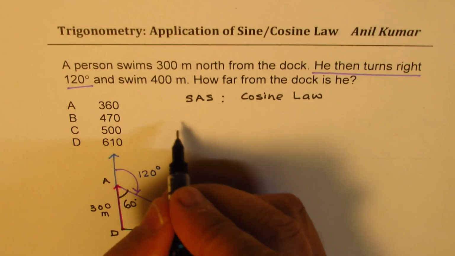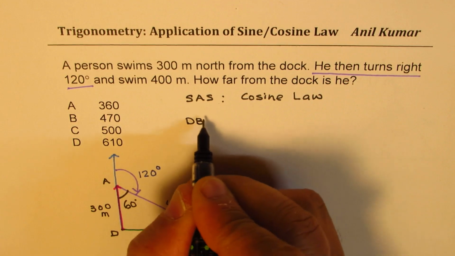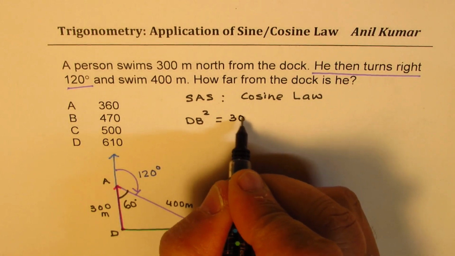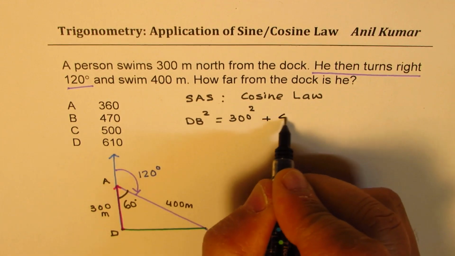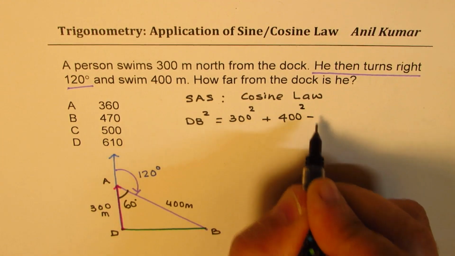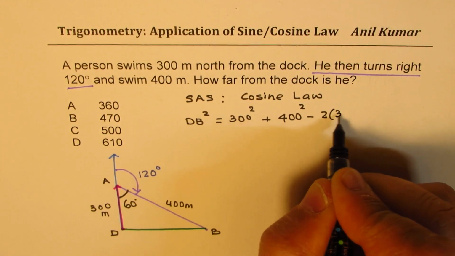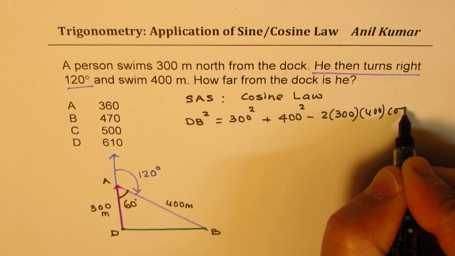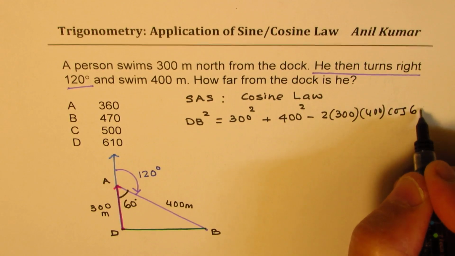Okay? So we can say DB square is equal to 300 square plus 400 square minus 2 times 300, 400 times cos of angle which is 60 degrees.